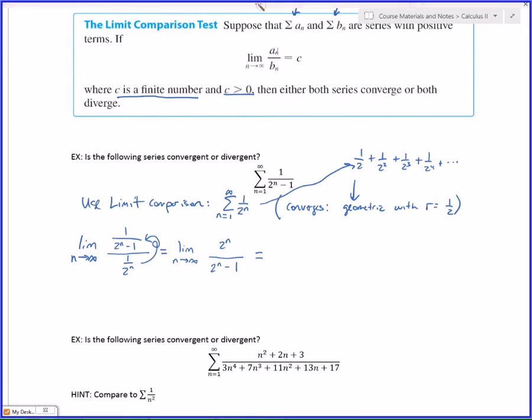Now what I would do to do this analytically is multiply by 1 over 2 to the n on top and bottom, because that makes it easy to find the limit. You could also do L'Hopital's rule because it's infinity over infinity.